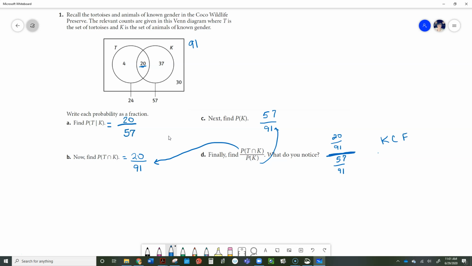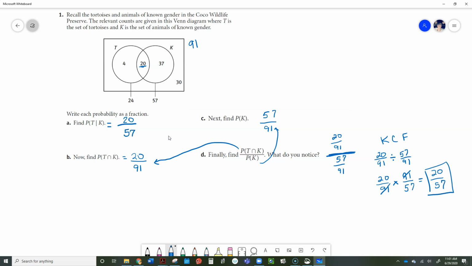This problem right here is the same thing as saying 20 divided by 91 divided by 57 divided by 91. And we keep this fraction the same. We change that to a multiplication problem and we flip this upside down. And now we multiply. The 91s cancel out and we end up with 20 over 57.